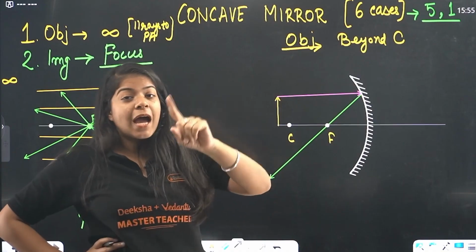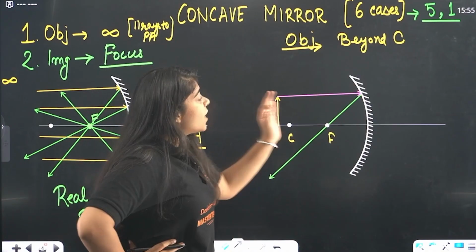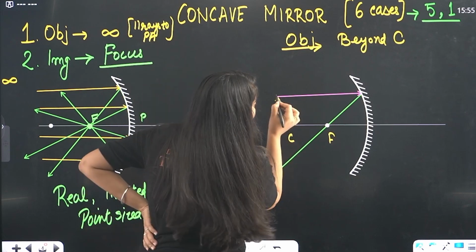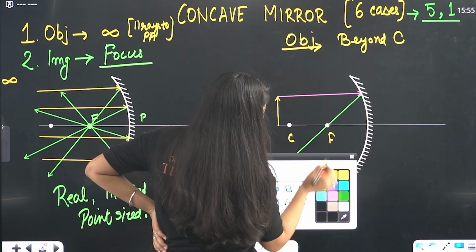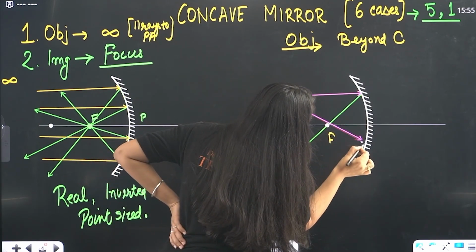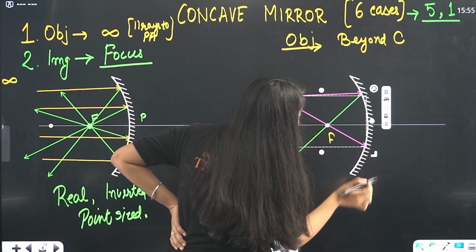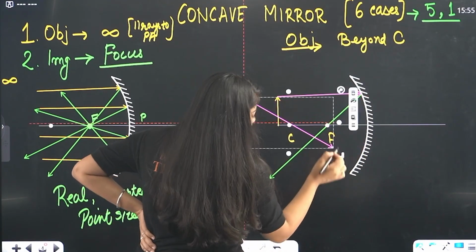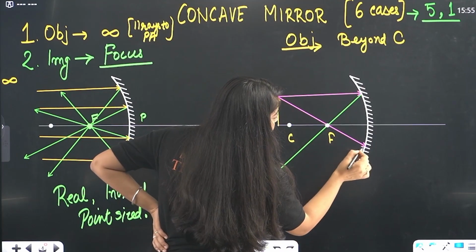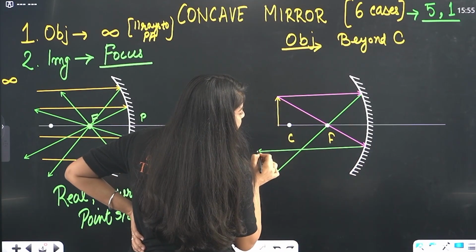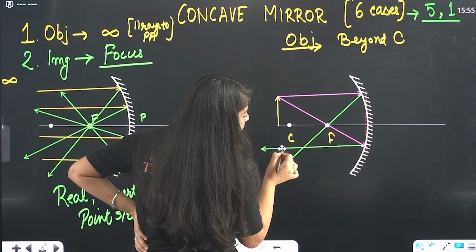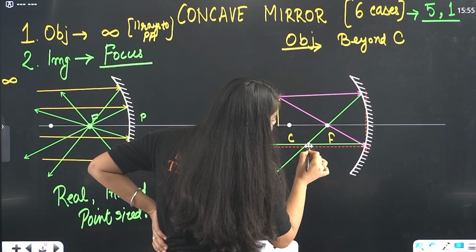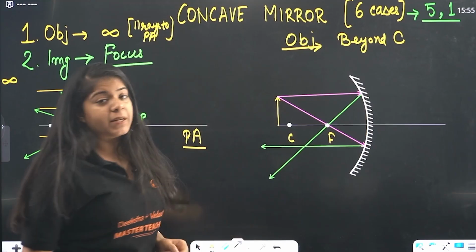No. Now listen carefully. First ray comes parallel and passes through focus, right? Second ray beta, it will pass through the focus and it will reflect back and become parallel to the principal axis.